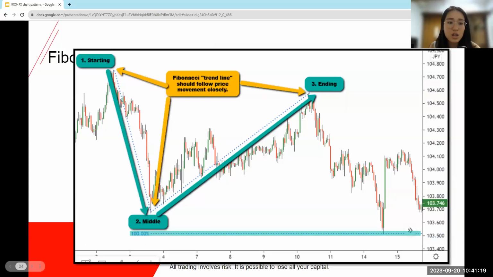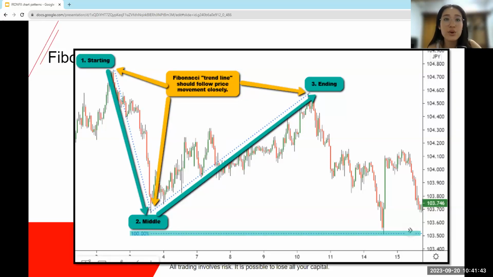Okay, let's move on. So here's another example. I'm not sure why all of my titles are covered, but here's an example of the Fibonacci projections. So you can see clearly the starting, middle, and ending points here. And these follow the swing highs and the swing lows of price.